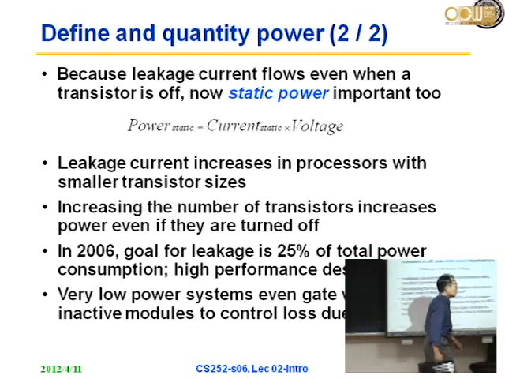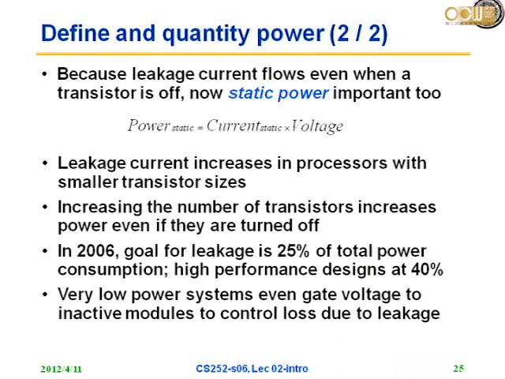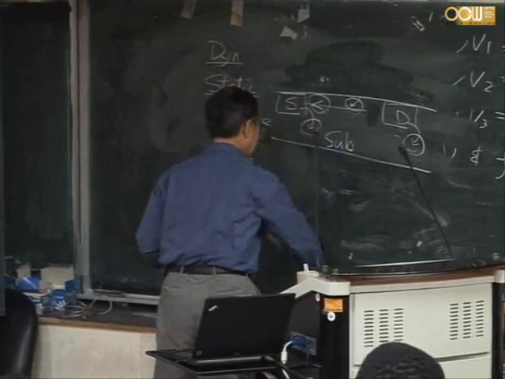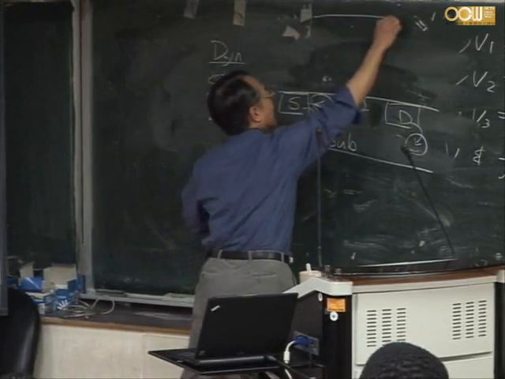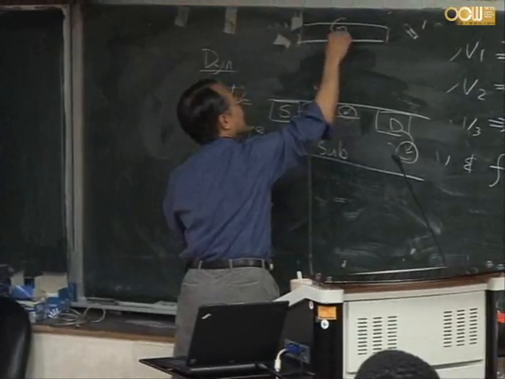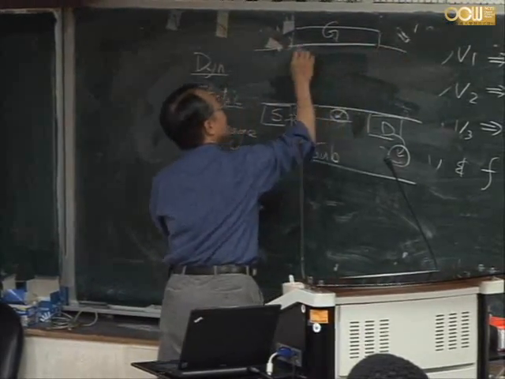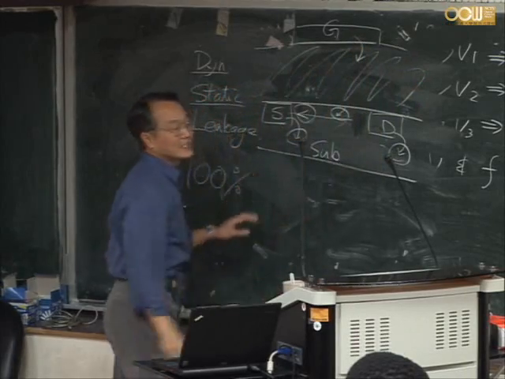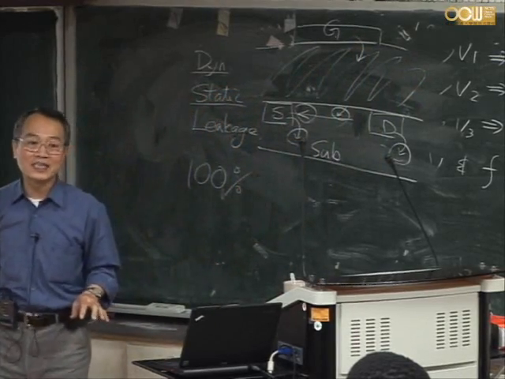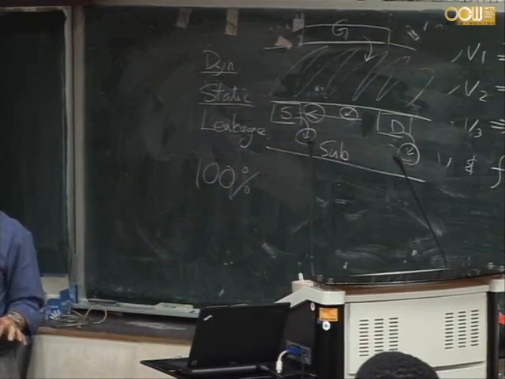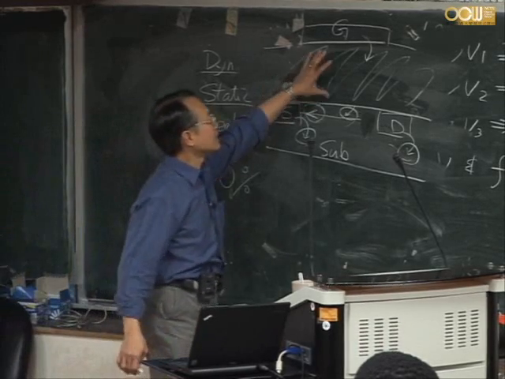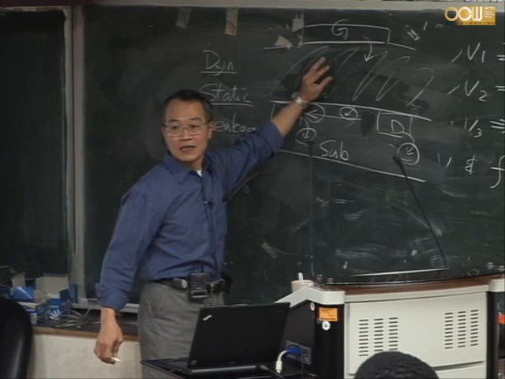So what can we do? We want to make the insulator layer thicker. So we put the gate here and use a much thicker insulator layer such that the electrons cannot tunnel through the gate insulator layer. But by doing that, the capacitance becomes much smaller.